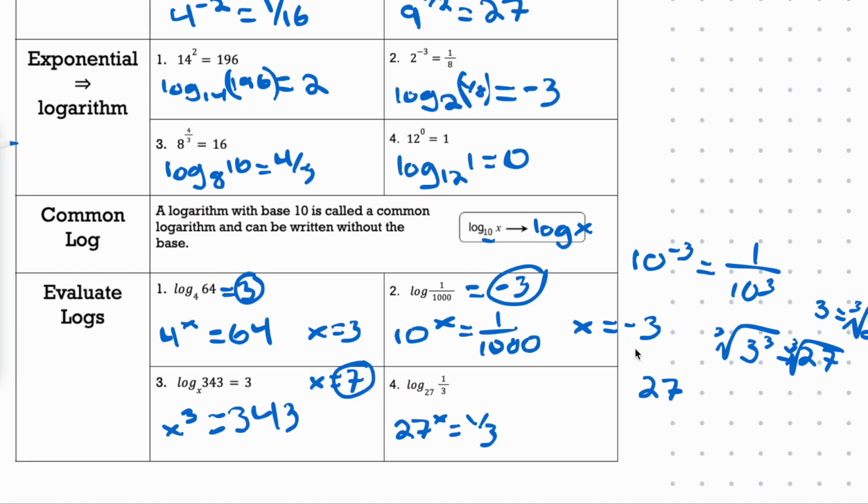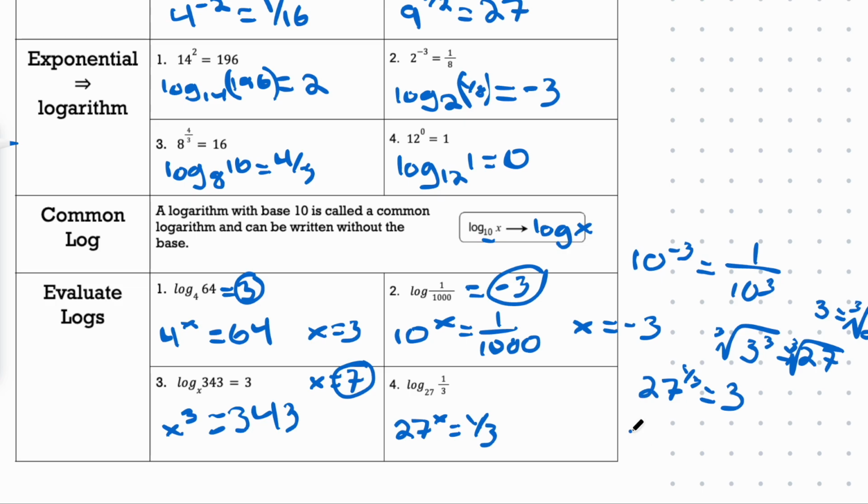So here I can say 27, instead of cube root, I'm going to say to the 1/3 power equals 3, right? But now, since this is a fraction, since it's 1/3 instead of 3, I would have to make this negative.